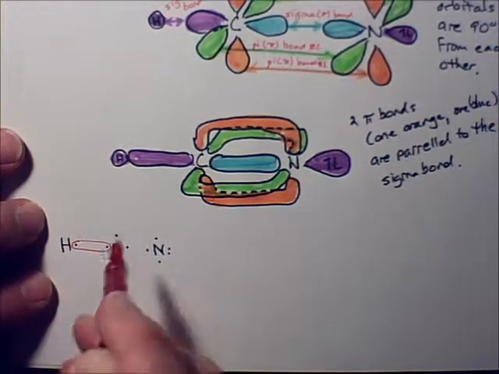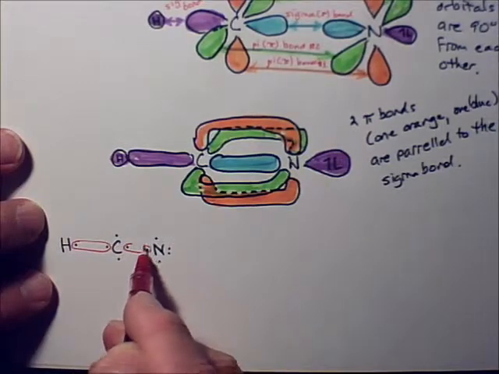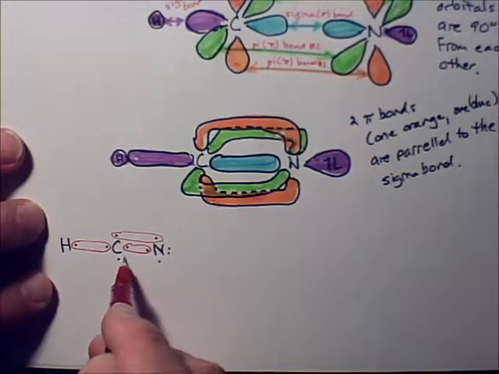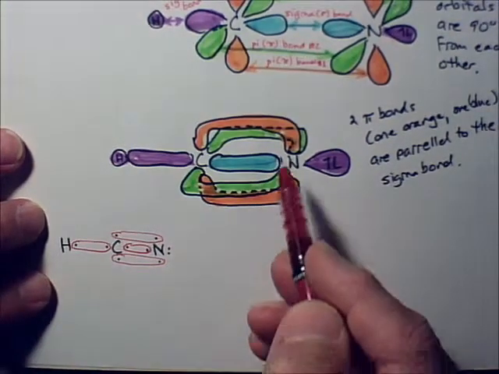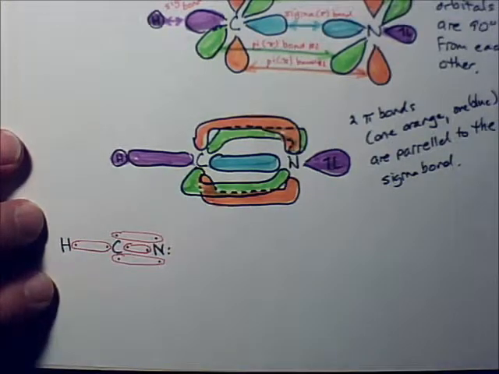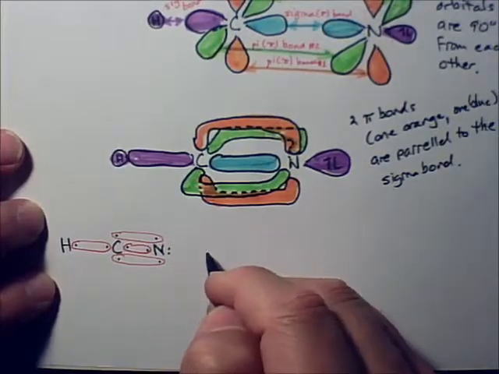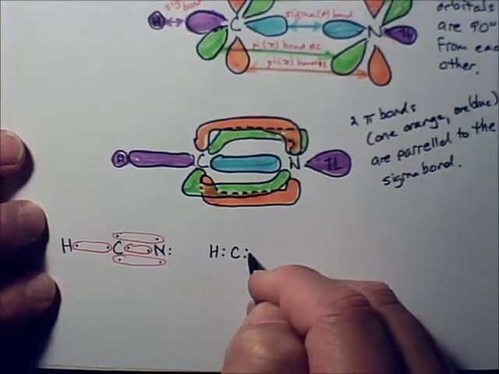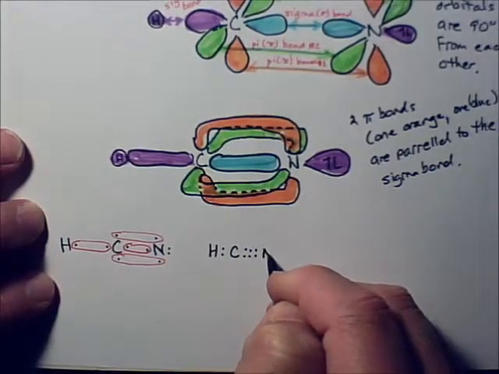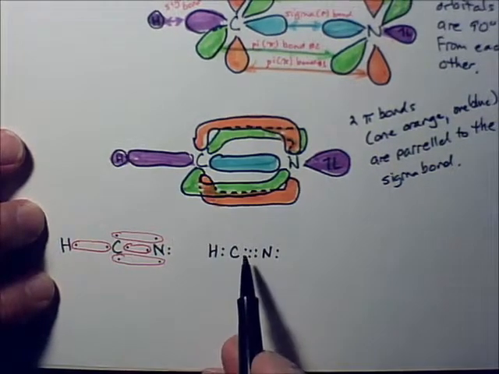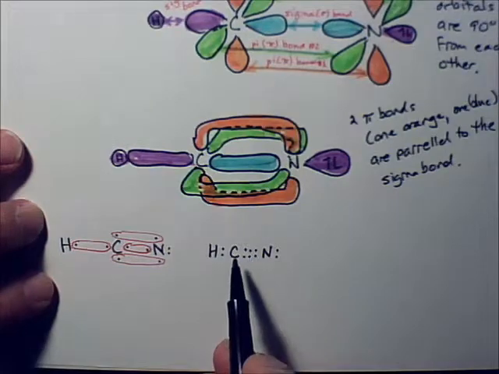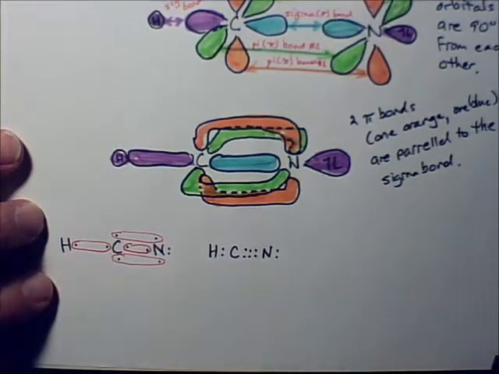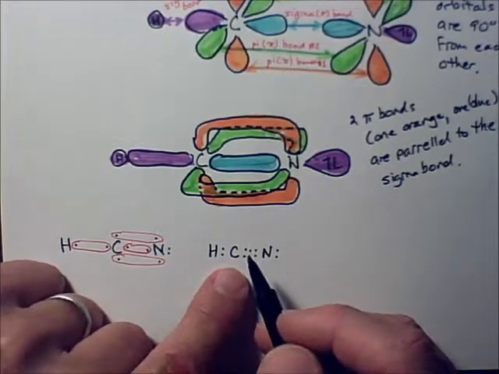So I can share this hydrogen, and here's how we get that triple bond. There's one here, and one here. There's our triple bond. 6 electrons are shared. Going from this then to the Lewis formula where you squeeze the electrons in between. Okay? That's how you make a triple bond in Lewis dot formulas.